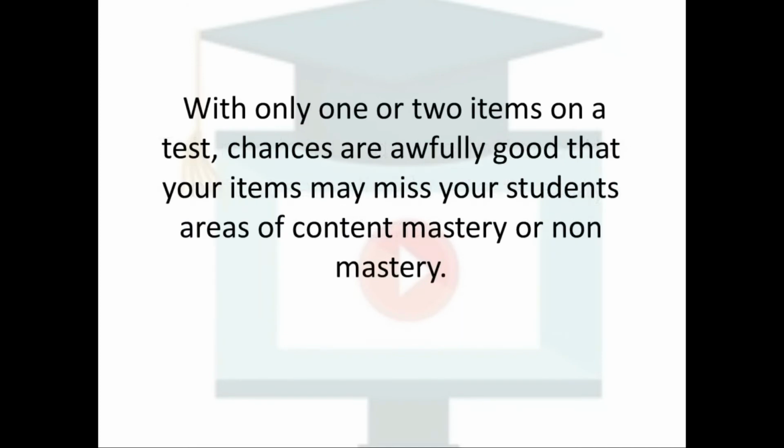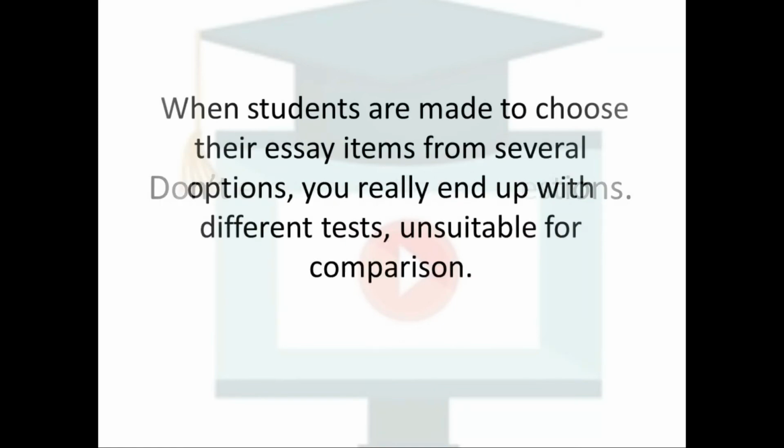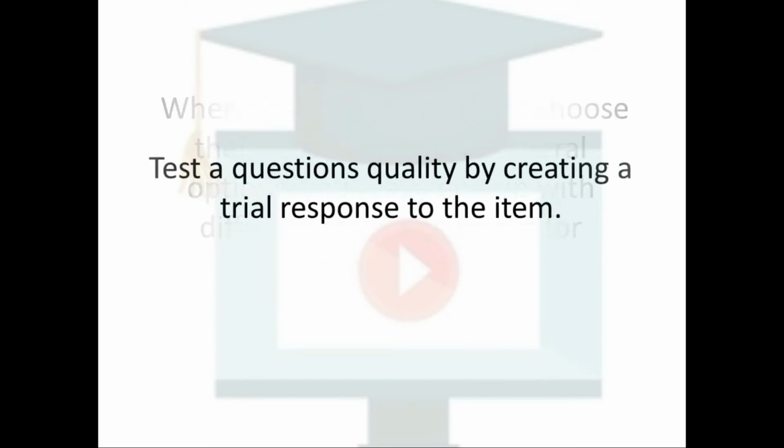With only one or two items on a test, chances are awfully good that your items may miss your students' areas of content mastery or non-mastery. Don't employ optional questions. When students are made to choose their essay items from several options, you really end up with different tests, unsuitable for comparison.